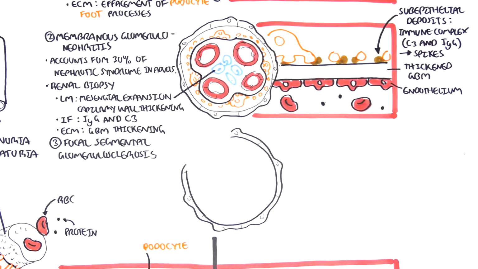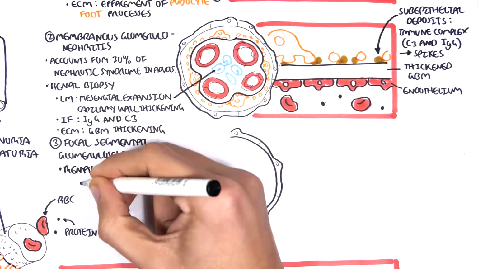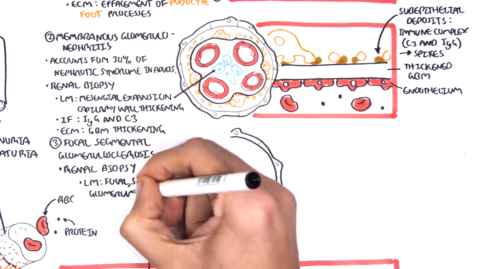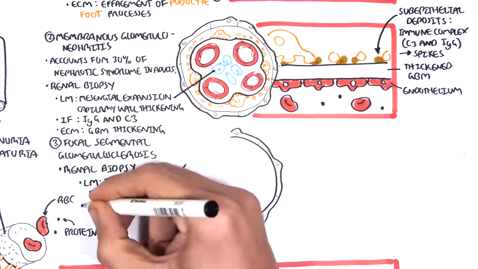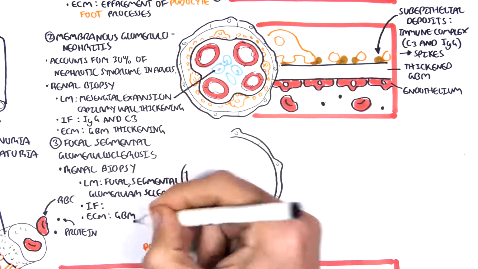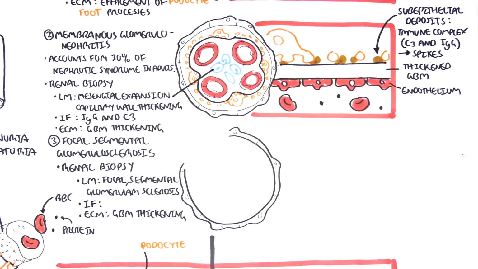The last type of primary nephrotic syndrome we're going to talk about is focal segmental glomerulosclerosis. On renal biopsy, light microscopy will show focal segmental sclerosis of the glomerulus. Immunofluorescence will not really show anything, and electron microscopy can reveal glomerular basement membrane thickening.